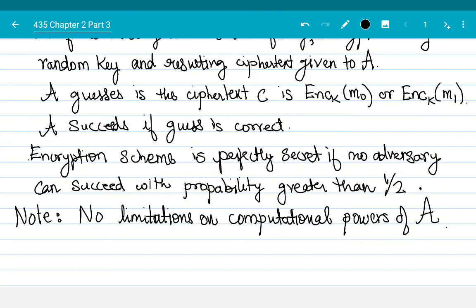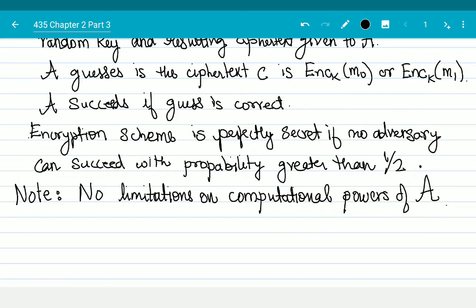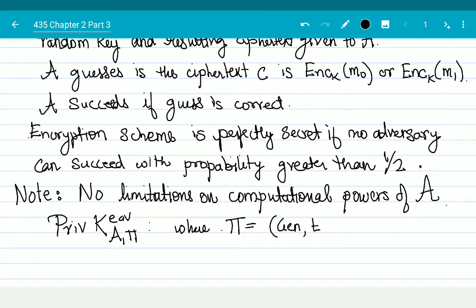Okay? So this is an important thing because this is what we are going to be talking about in the next chapter. Okay? So in terms of systematically writing down what the experiment is, the experiment, which is generally denoted PrivK EAV, A and pi, where pi is my encryption scheme: generator, encryption, decryption.